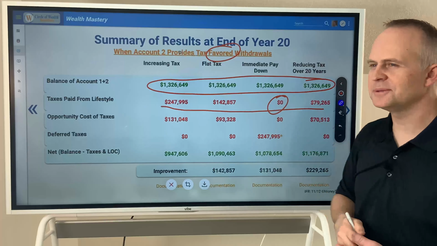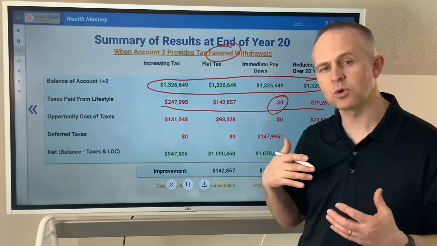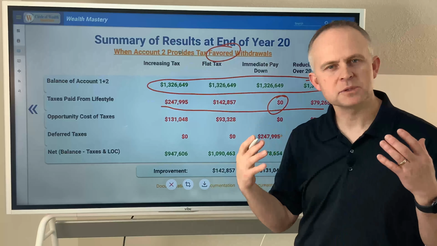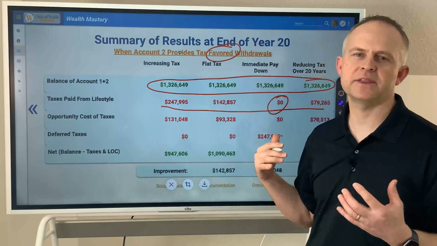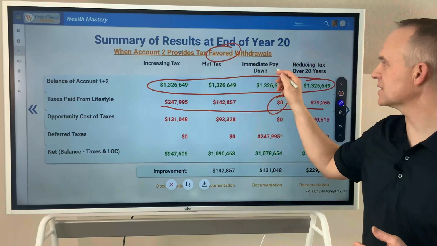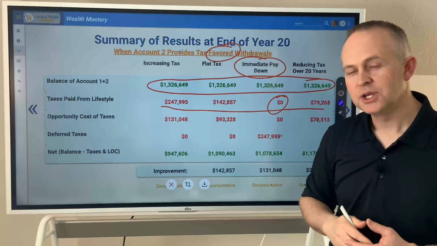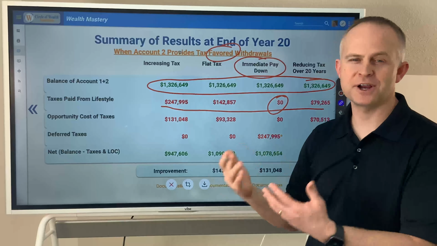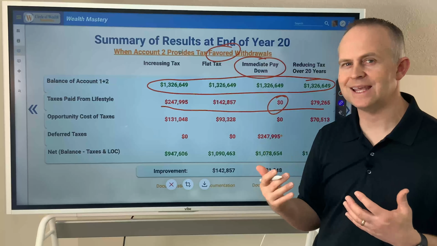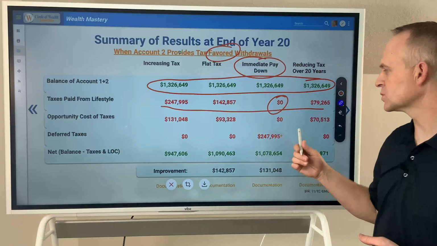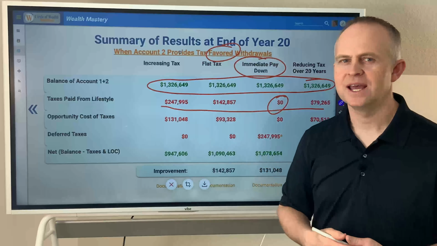In this example, this is getting into some more product-specific situations, which my goal is to not get into much as we talk about these strategies, because that's going to be very specific to you. But in this particular immediate pay down example, you are minimizing a lot of taxes, but you're deferring them all until potentially at the end, unless, depending on the product that you get, there are ways to leave all this money tax-free at death.